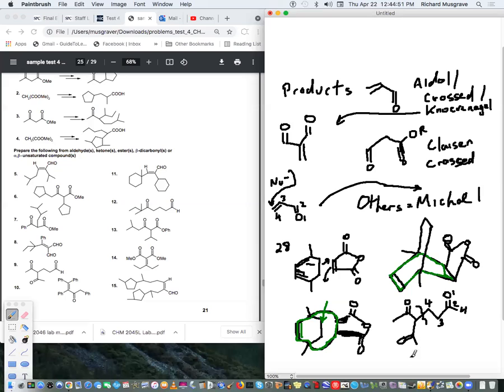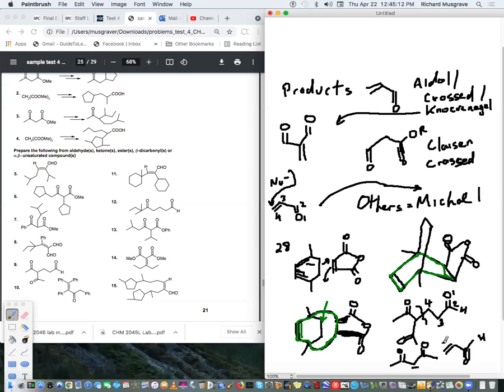So the nucleophile then has to be this, and then the alpha beta unsaturated carbonyl compound would be this one.